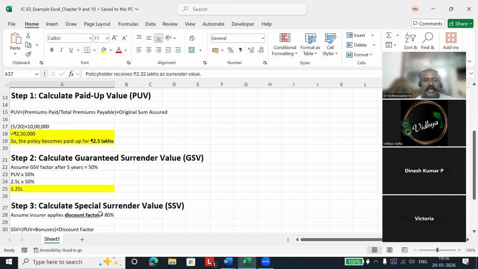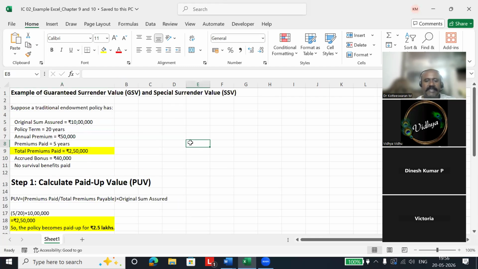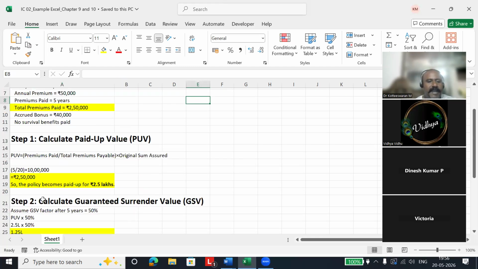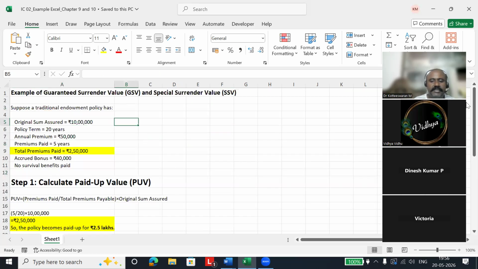If you are not surrendering, if you are leaving the policy as it is, the paid up value is 2.5 lakhs. So the face amount will change to 2.5 lakhs and it will continue throughout the next 15 years. Your policy will be live. So this is lapsing. Paid up. If you lapse it, it will become paid up value.